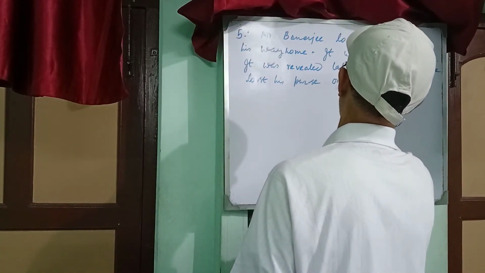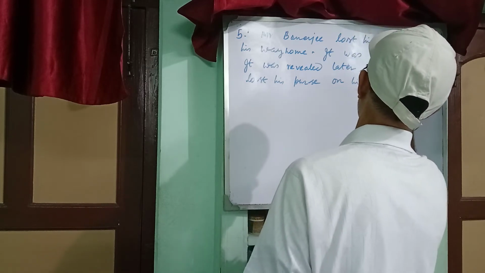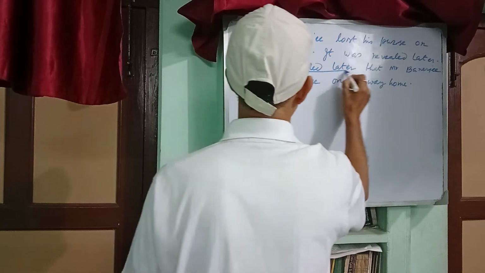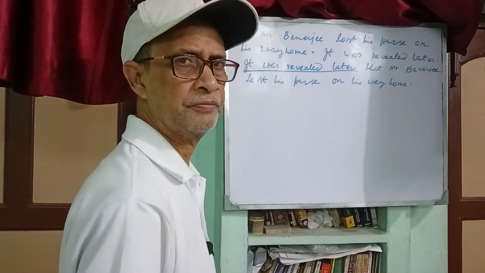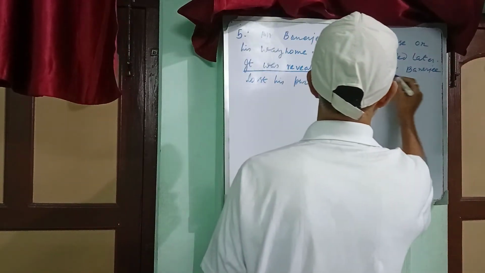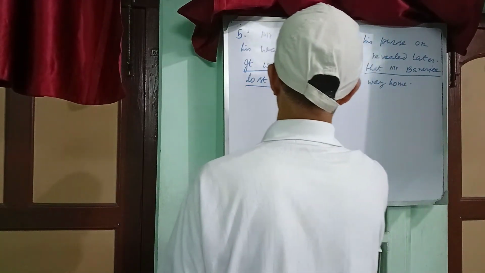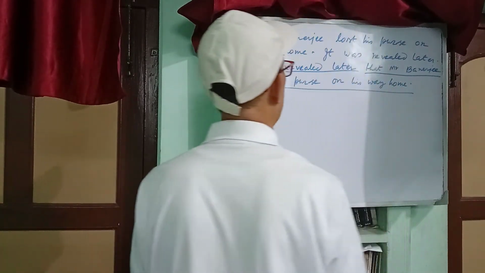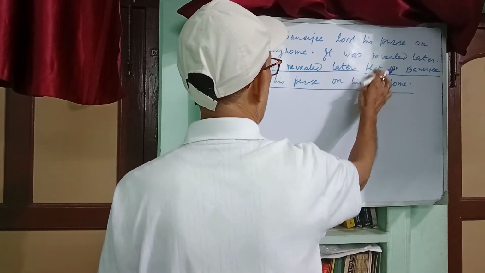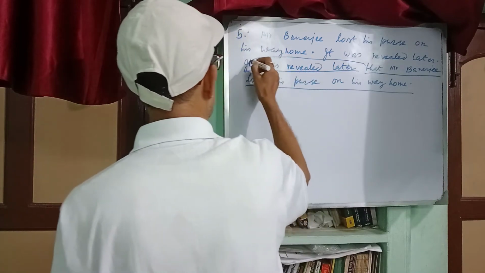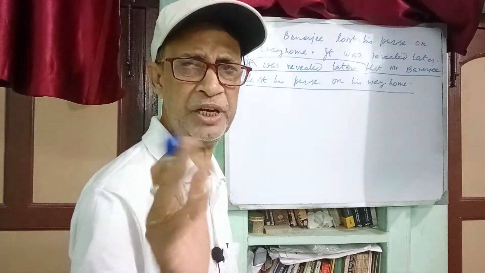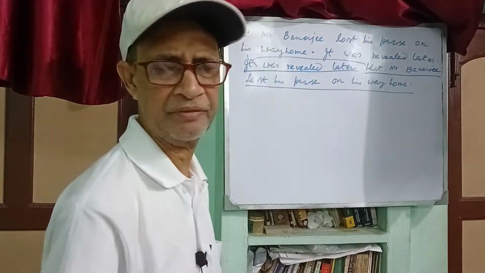Okay? It was revealed later is the principal clause. What was revealed later? That Mr. Banerjee lost his purse on his way home. And it is a subordinate noun clause, in opposition to it.